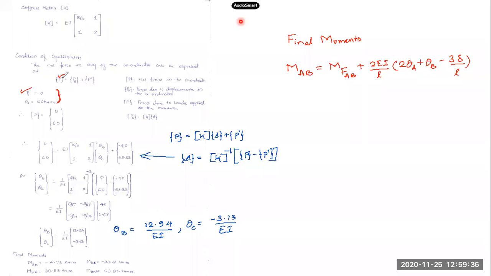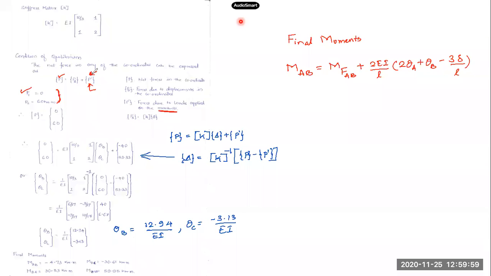If they are applied anywhere other than the coordinate, they will come in the P dash matrix. P dash is the force matrix which we obtain by taking the forces which are applied on the member.